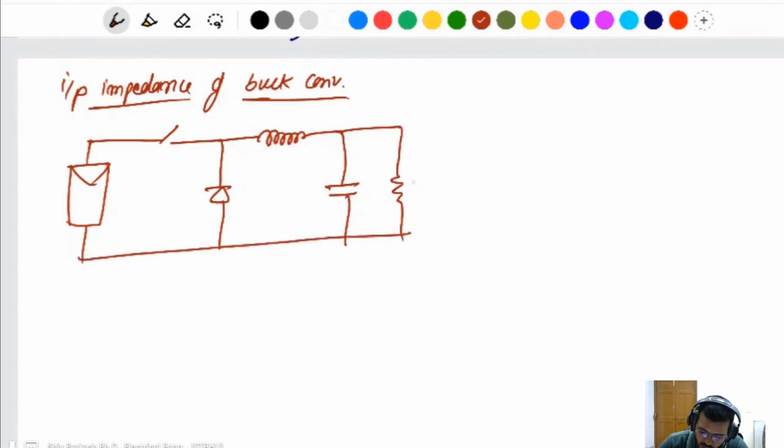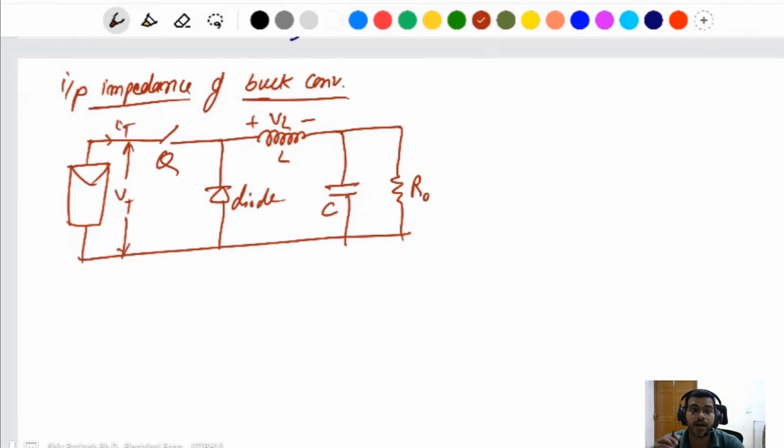This is the load. This is the VT, this is the IT: terminal voltage and terminal current.